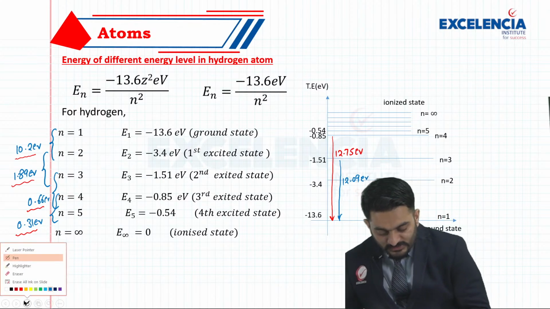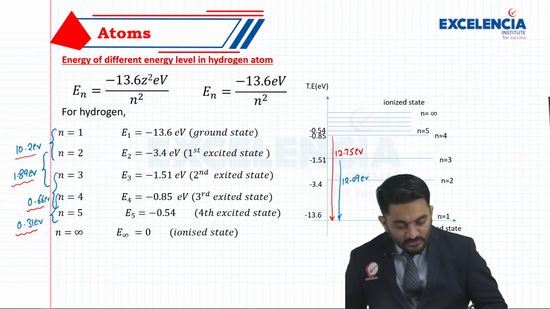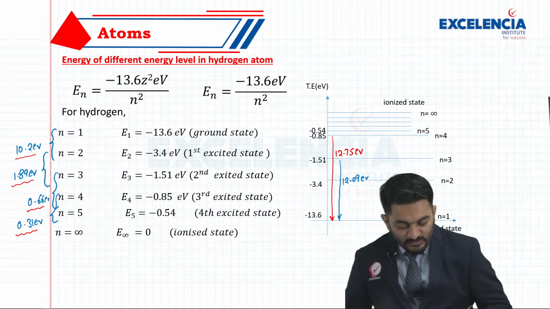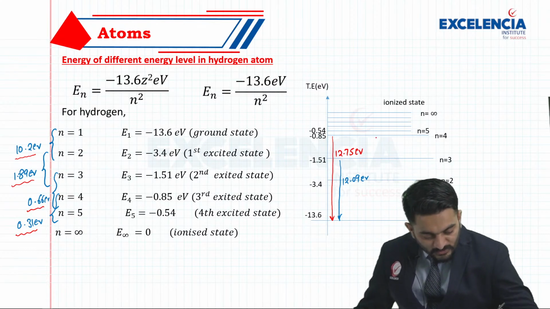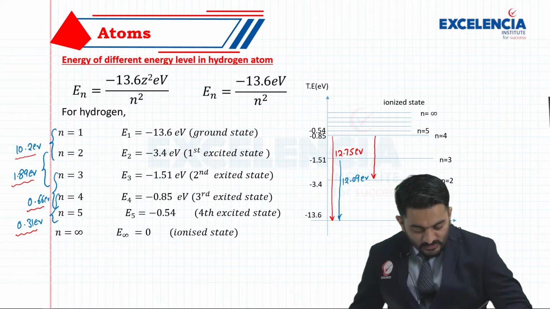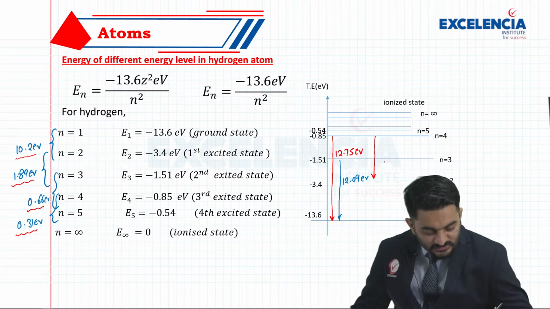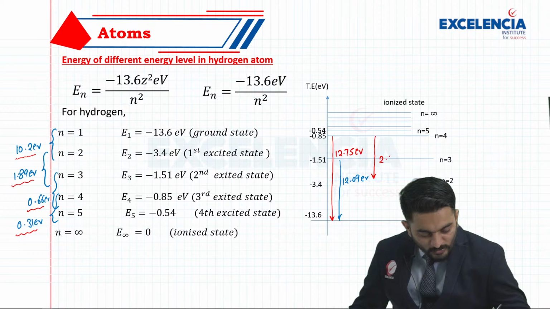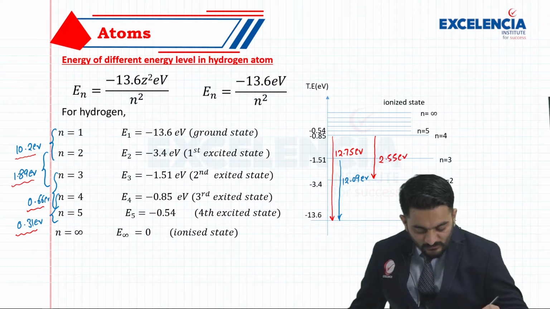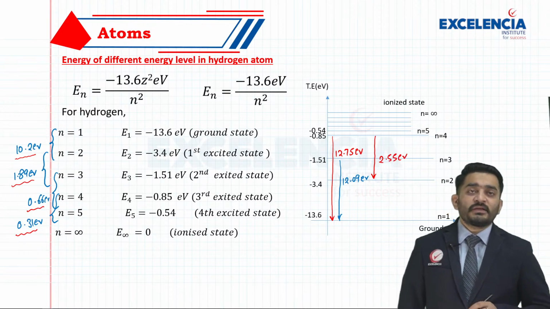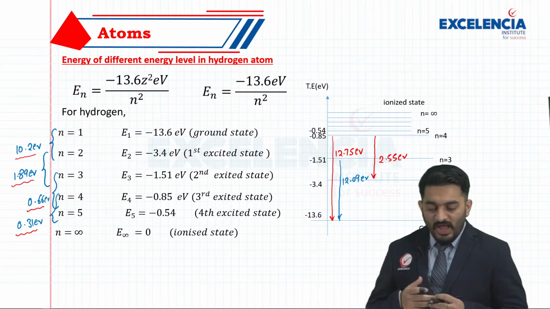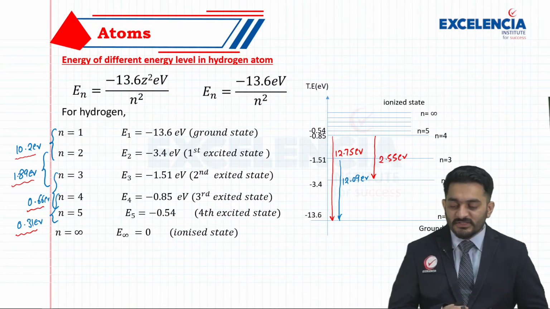And if a transition happens from 4 to 2, one more thing we can notice here, the energy is going to be 2.55 electron volt.